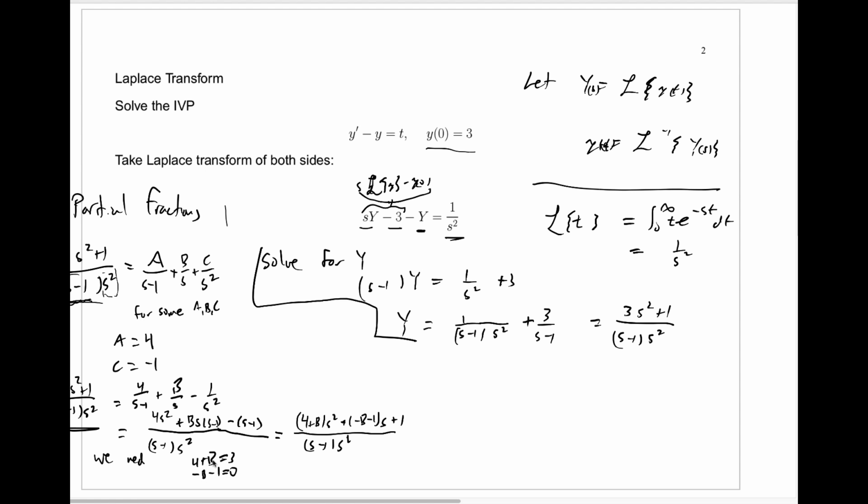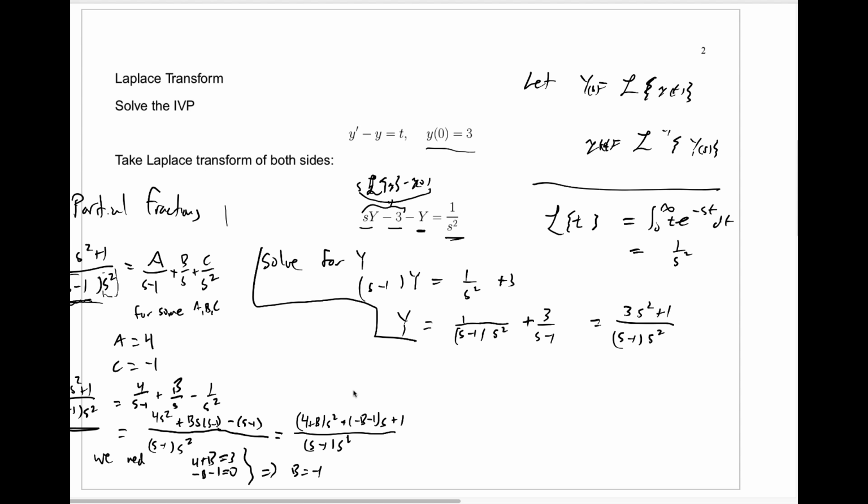We actually have 2 equations and only 1 unknown left, but it should be easy to see that solving these equations tells us that B has to be negative 1. Both equations are quite easily seen to be true when B equals negative 1. And now we know A, B, and C.